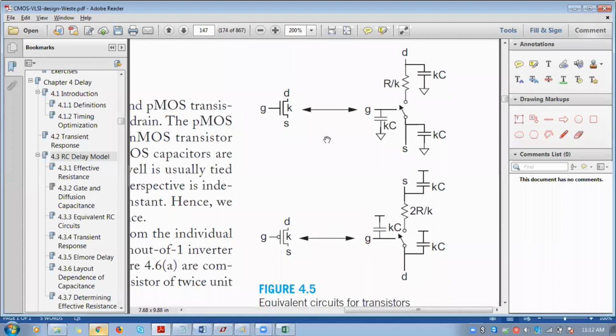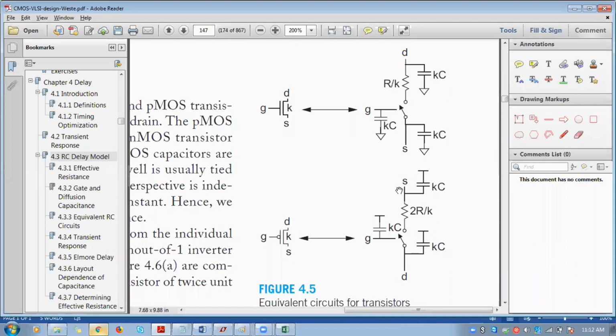With respect to the NMOS and PMOS equivalent circuits, whatever the logic given, you can calculate the RC delay model. You have to connect the equivalent circuits of NMOS and PMOS properly. Initially, you find the equivalent resistance.